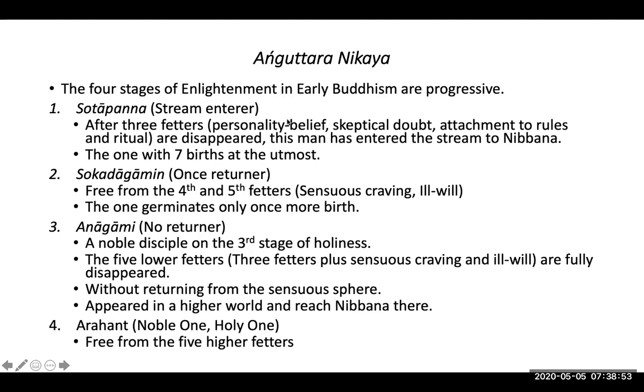First is personality belief. Second, skeptical doubt. Third, attachment to rules and rituals. The fourth, sensuous craving. Fifth, ill will. The sixth is craving for fine material existence. Seventh, craving for immaterial existence.